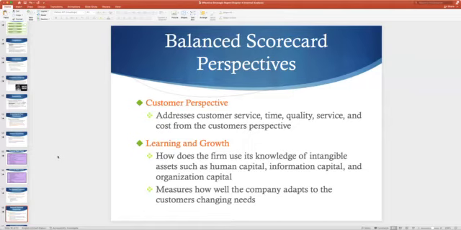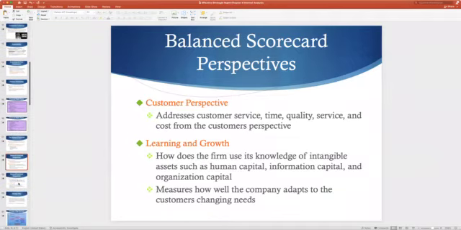Are we adapting what we are doing internally to those changing needs of those customers? Are those products and services that are being provided now, are they what that customer is going to be looking for in the future? That's going to be important because there's your future sales again. Remember, the balanced scorecard is looking at not only near term, but long term. So both of these are really long term, aren't they?